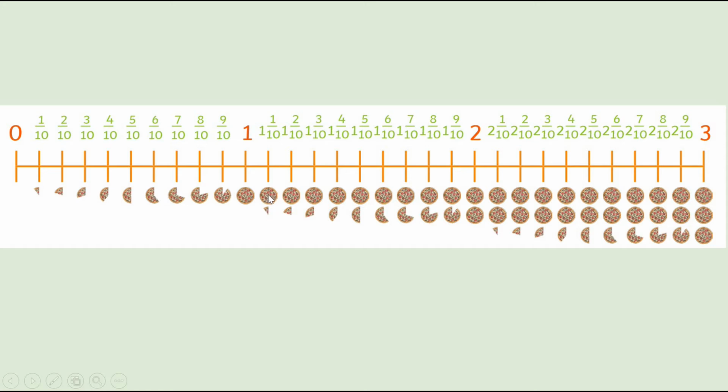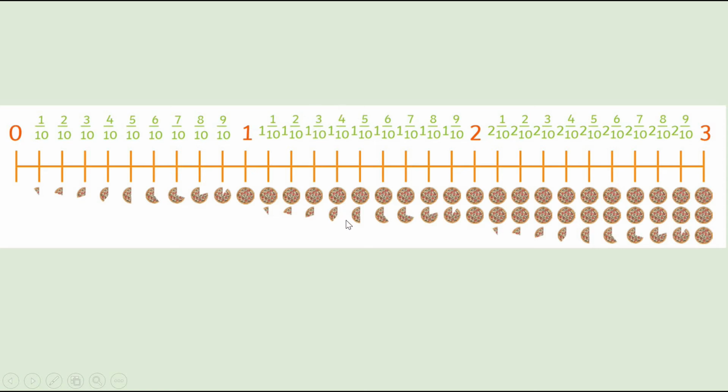Here we have a pizza and one part, which is represented as 1 and a tenth. Then we added 2 parts. We have 1 and 2/10. Then we added 3 parts to the whole pizza. Now we have 1 and 3/10.